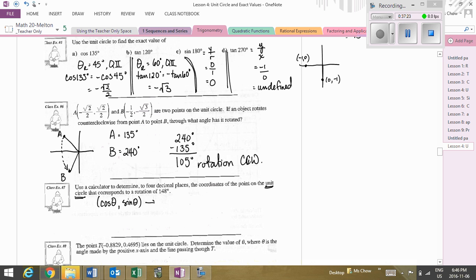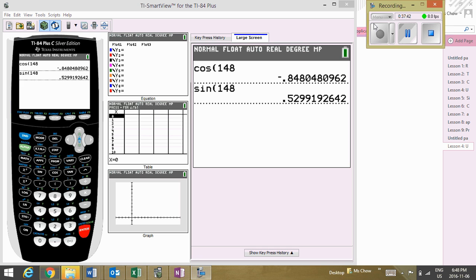So in this particular case, we're going to fill in cosine 148 degrees and sine 148 degrees. We just need to ensure that our calculator is in degree mode and punch those in, and we've got our ordered pair. So let's take a look at that then.